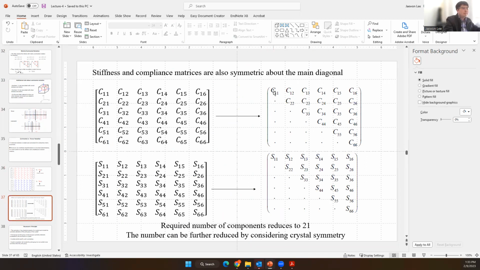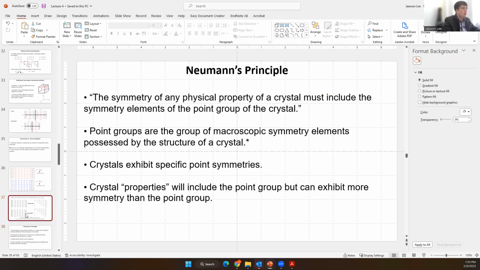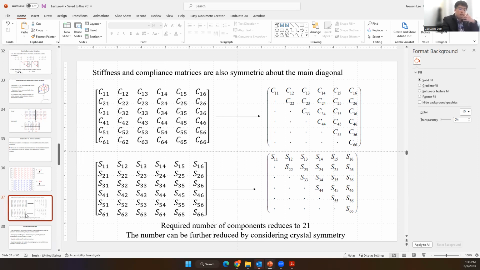So we only use these components of the stiffness or compliance. So we try to reduce the components of the matrix based on the symmetries and the relations of the definition of the shear stress and shear strain. Okay, do you understand?